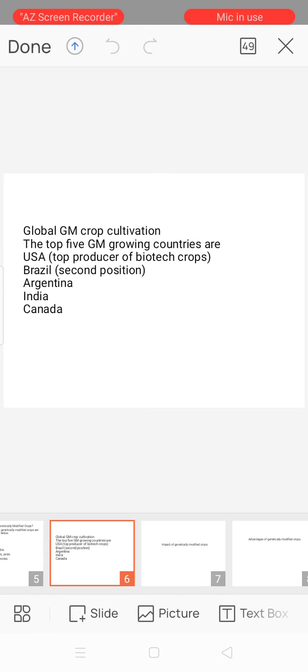These countries together account for approximately 90% of the area of genetically modified cultivation. Soybean, maize, cotton, and canola with herbicide tolerance and insect resistance are the major genetically modified crops grown around the world.